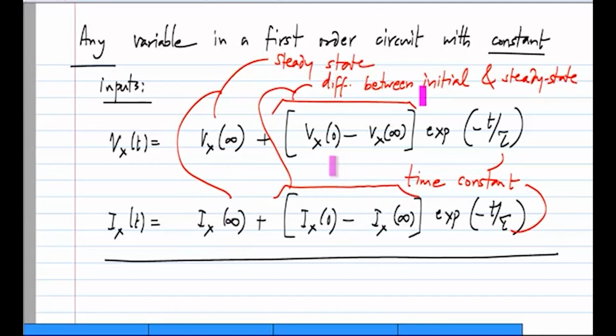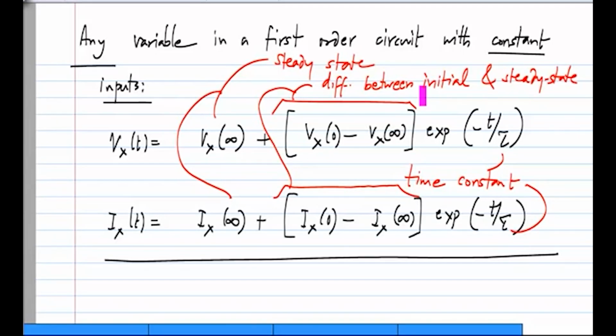I will explain how to do that in a moment, and the initial values of currents or voltages. And once you identify those things, the only thing remaining to be identified is the time constant, and that also can be identified because you have either a single capacitor or a single inductor, and the effective resistance that appears across the capacitor or the inductor in the source free circuit, that is the equivalent resistance, and the product of the resistance and capacitance is the time constant.